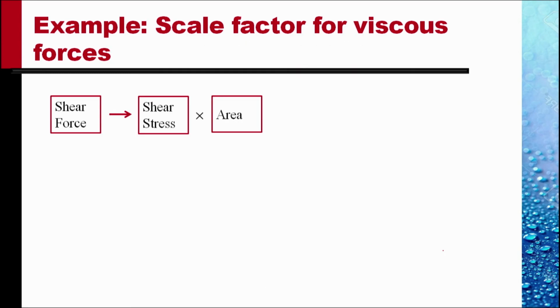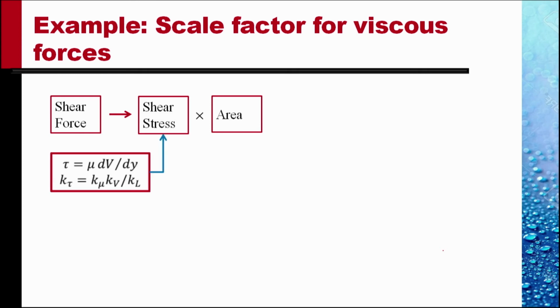Let's do an example. Let's find out the scale factor for viscous forces. Viscous forces are shear forces, which will be shear stresses times the area. The shear stress, tau, varies like mu dV by dy, the Newton's law of viscosity. So K tau would be K mu Kv divided by Kl.